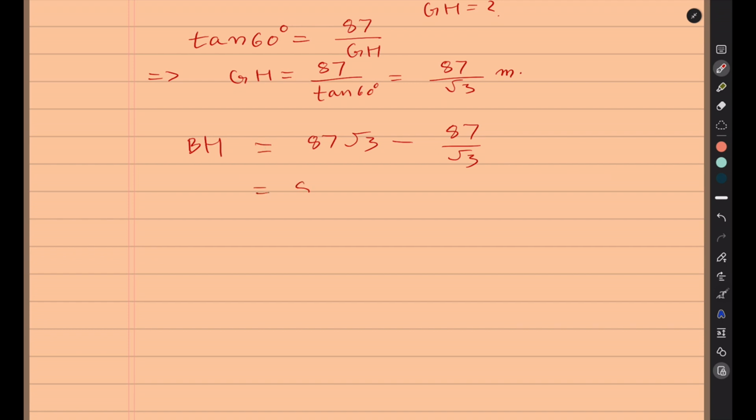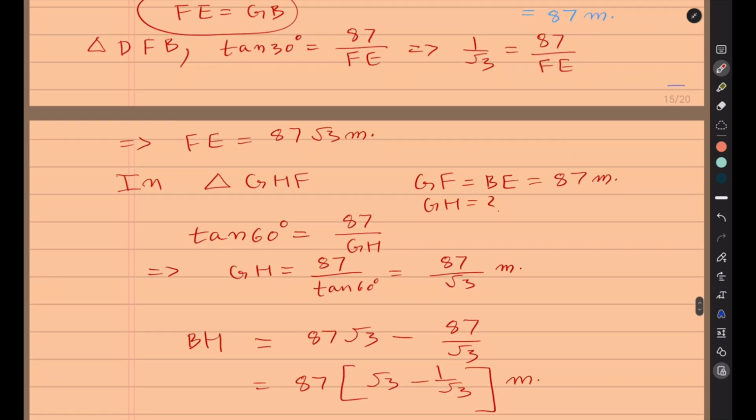So you can just rearrange it in some good manner, also derive it with decimal numbers. It all depends upon you, but this is the solution.